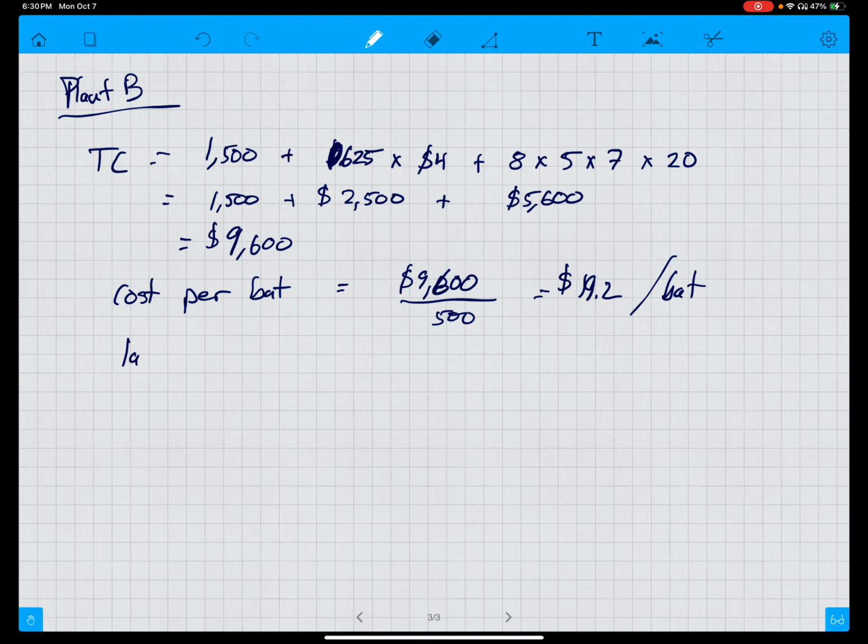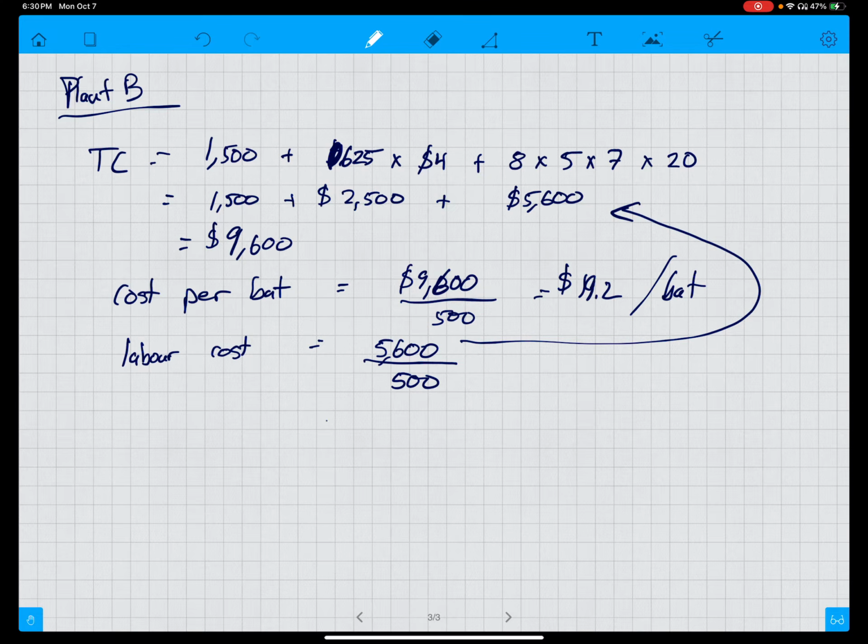Labor cost is equal to 5,600 divided by 500. 5,600 is this labor cost, is equal to $11.20 per bat. So this is just simple accounting type stuff.